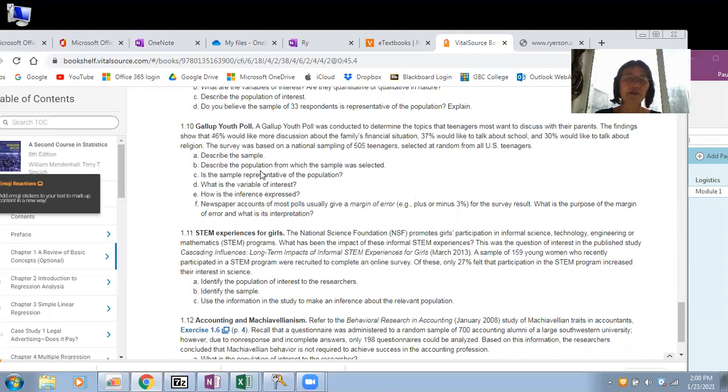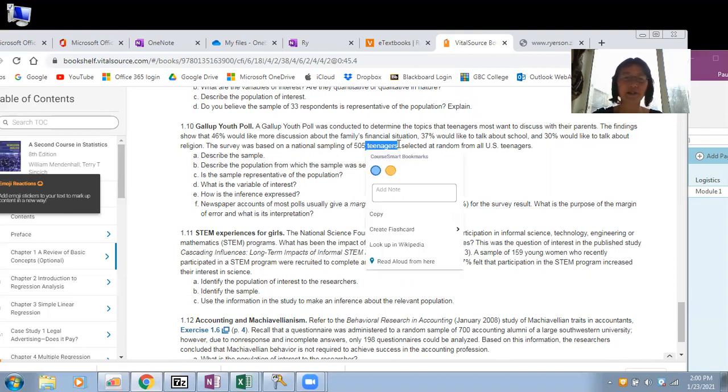B, describe the population from which the sample was selected. The population is all teenagers across the United States. All teenagers. Okay.